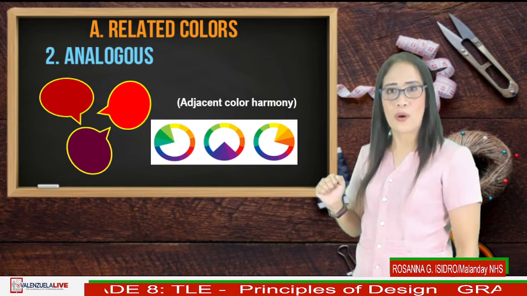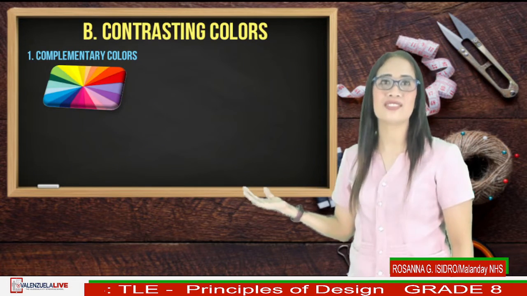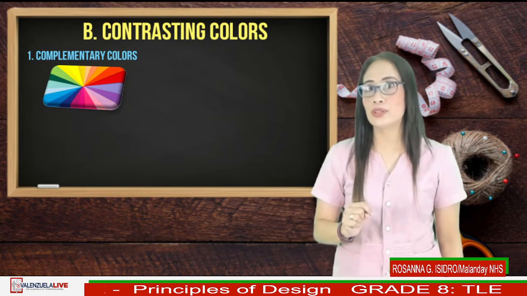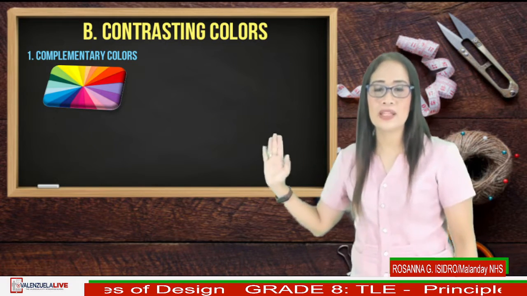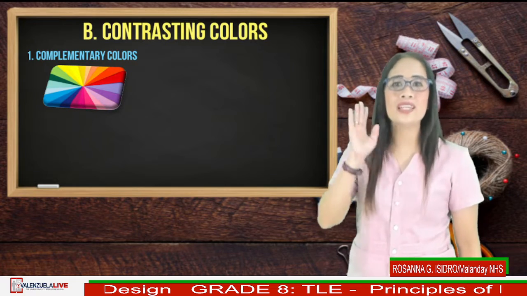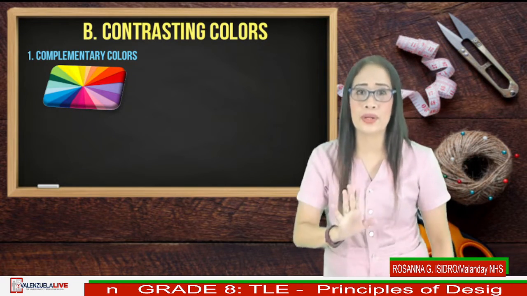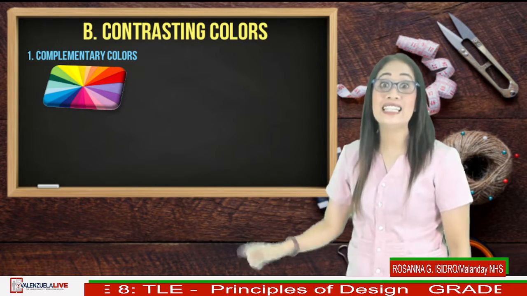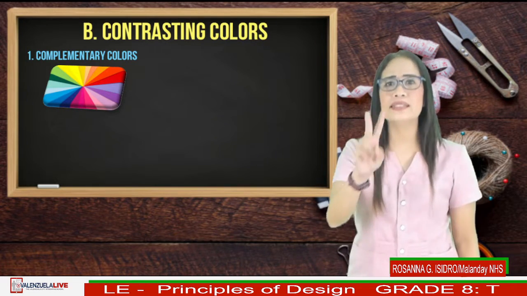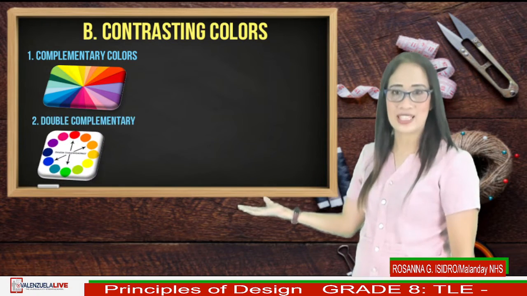Aside from relative colors, we'll have the contrasting colors. Under constructing colors, we'll have complementary colors: red and green, blue and orange, yellow and violet, directly opposite in the color wheel. Second, double complementary.